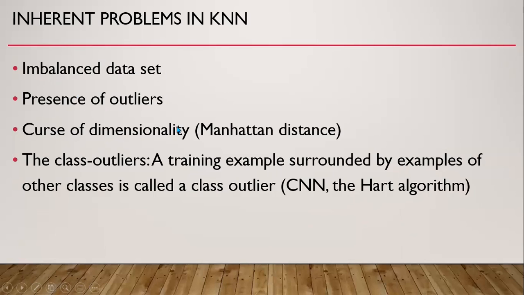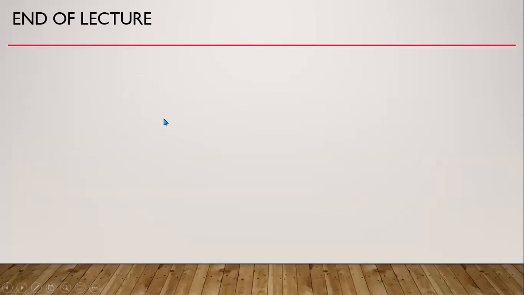As I've told you, if there is high dimensional data, then Manhattan distance should be preferred. And the other problem is the class outlier. So what is a class outlier? A training example surrounded by examples of other classes is called a class outlier. For that, we can use kNN or the Hart algorithm. So this is all for today. Thank you very much.